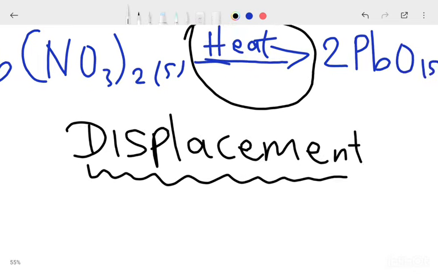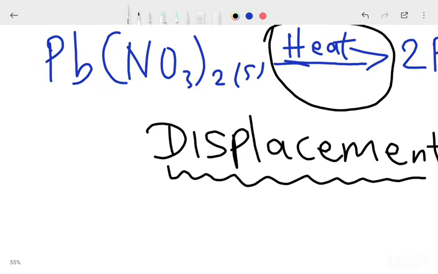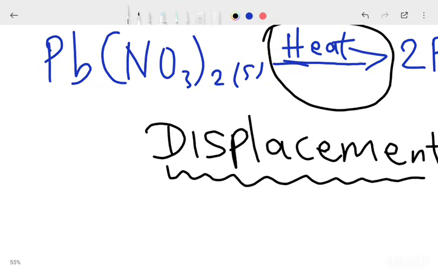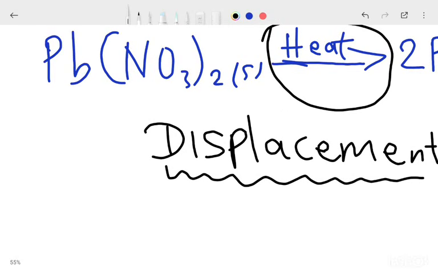Displacement reaction. Now what is the meaning of displacement reaction? Okay, before I explain, write this down.